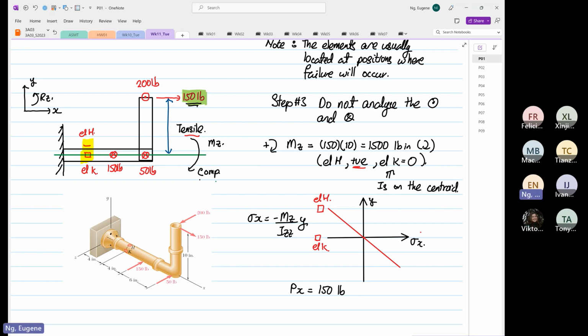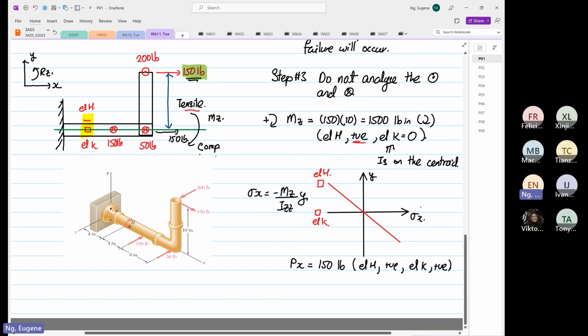The 150 pounds will be put on the centroid, pulling at 150, so you have 150 over here pulling on the centroid. So this will cause element H to be positive, and element K will also be positive. Why is that?